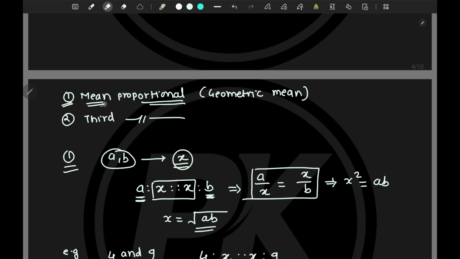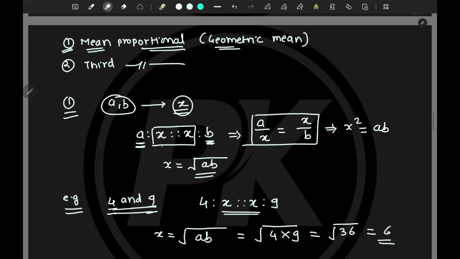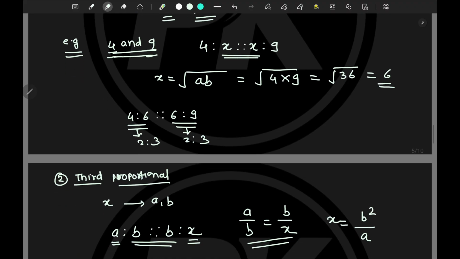Then we saw the mean proportional, or the geometric mean. If they ask for the mean proportional of, let's say, a and b, you have to find it, and we derived the formula to find the mean proportional, which we also call the geometric mean. After that we saw the third proportional.